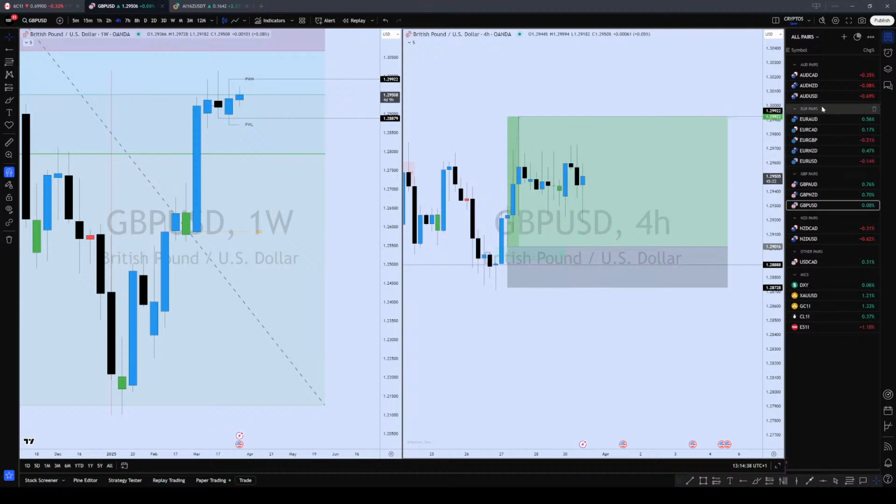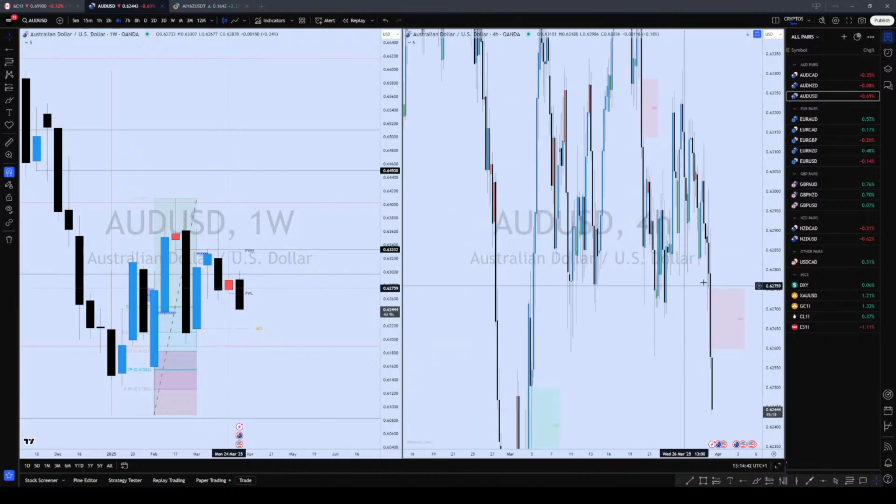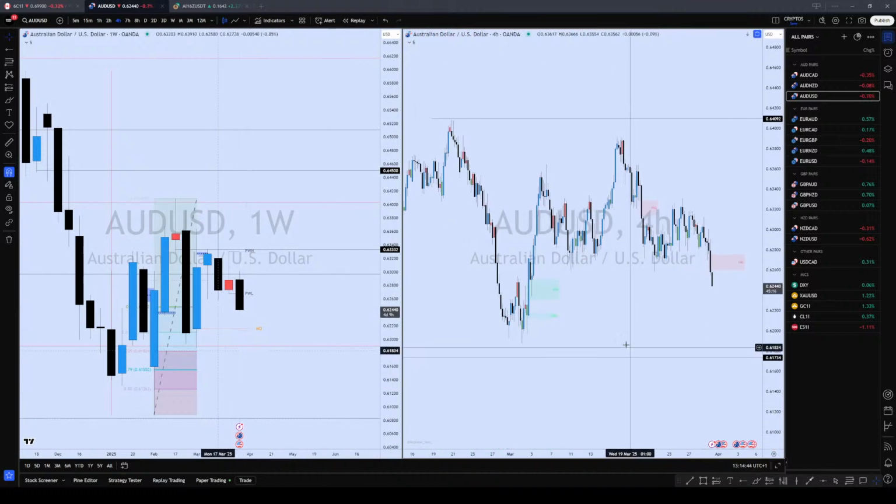Now, moving on to Australian dollar. Australian dollar is coming, I think, right here and there. That's the gap. So watch this level, 62383.